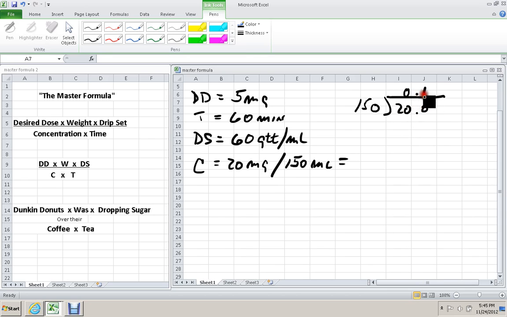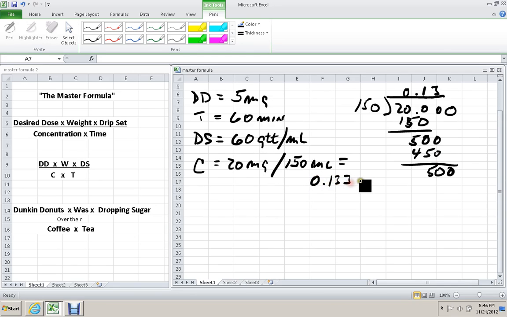It goes once into 200. 0, 5. Okay. It goes 3 times into 500. And you can see this is going to be a continuing decimal, 0.15. So the concentration is 0.133 milligrams per ml.